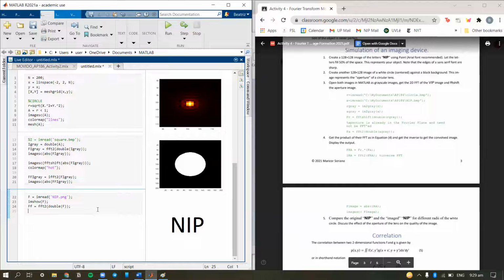When we run this section, we have the Fourier transform. What we need to do with the circle is we have to FFT shift it. We have to quarter it and put it back to the corners. So, could you make a variable, call it capital A shift equals FFT shift of A?